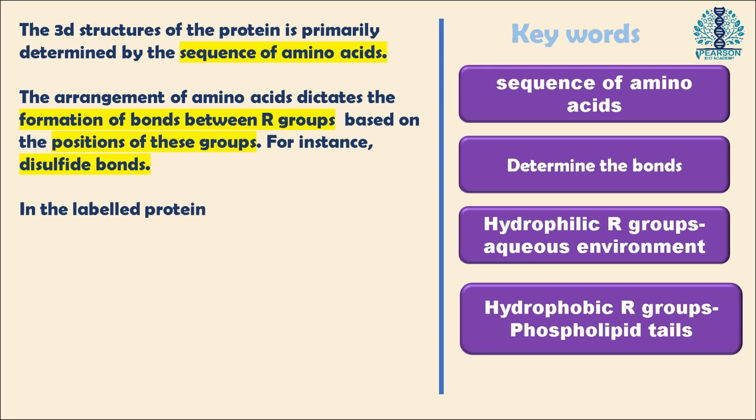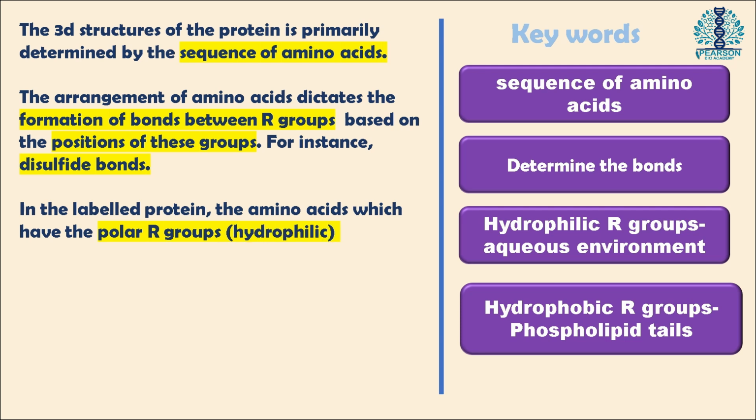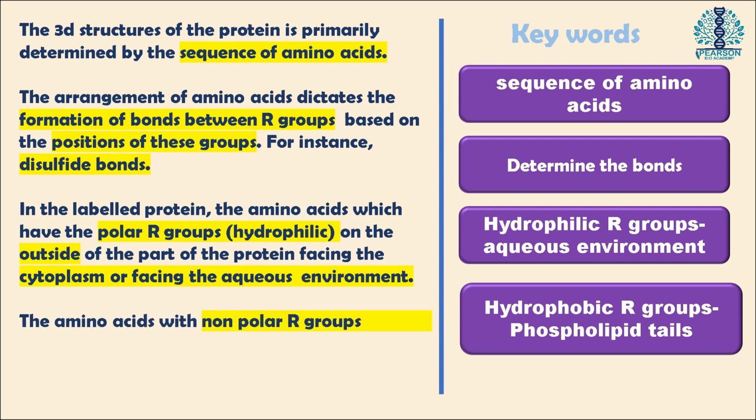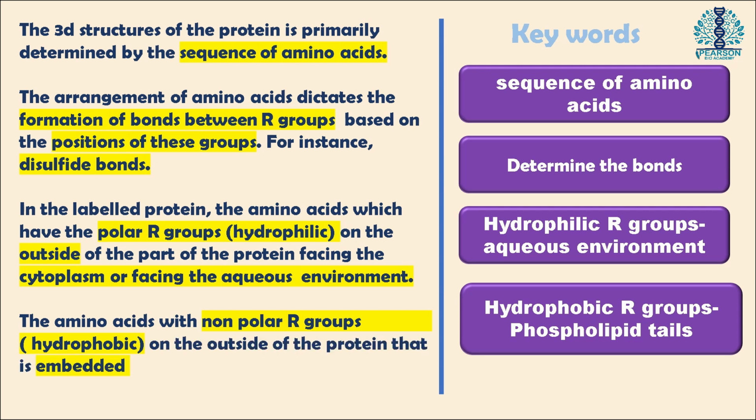In the labeled protein, the amino acids which have polar or hydrophilic R groups are on the part of the protein facing the cytoplasm or the aqueous environment. The amino acids with non-polar, hydrophobic R groups are on the part of the protein that is embedded in the phospholipid tails.